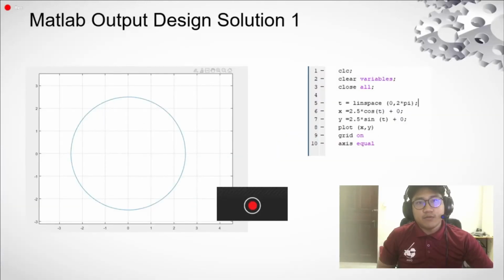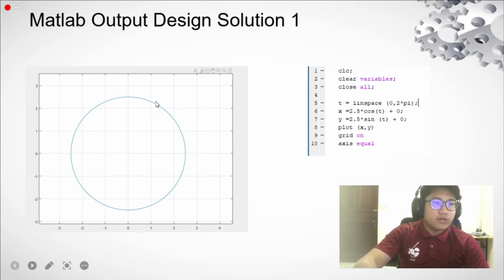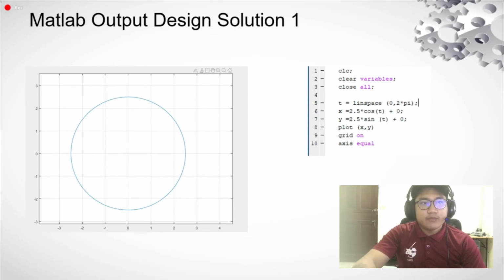The MATLAB output is designed for the first solution, which is the circle. Here, as you can see, t is equal to linspace 0 to 2 pi. The 2 pi will be the value of a full circle. And next is x equals 2.5 cos t plus 0.